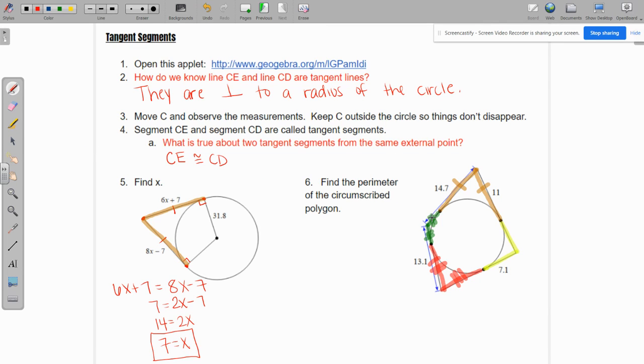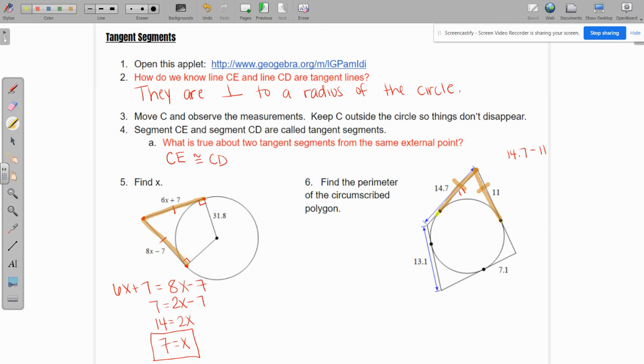So if we go through, and I actually might clear out some of these colors just so that you can see a little bit more of what's going on just at one time. We can do more with that if you need me to draw those again. But because this is 11, it tells me here this entire segment is 14.7. So just the orange part here is going to be 11 units. So if I take 14.7 and I subtract 11, I can figure out then what this piece is that we will make.